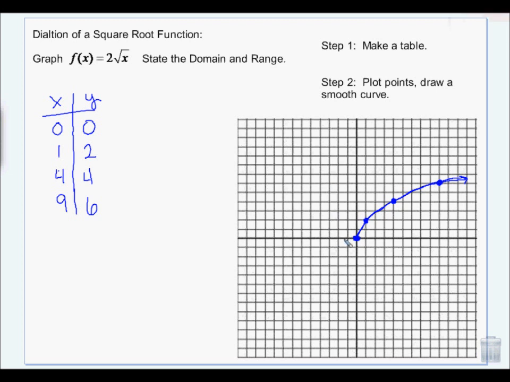So the domain, well, I can't plug in any negative x's, can I? So my domain is x is greater than or equal to 0. And my range is still the same. I only have positive numbers, so y is greater than or equal to 0.